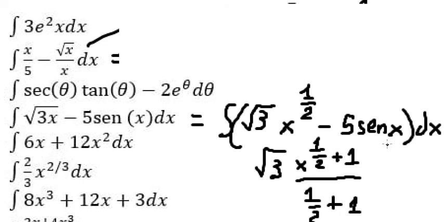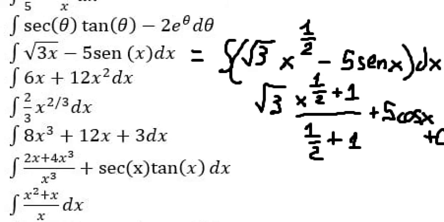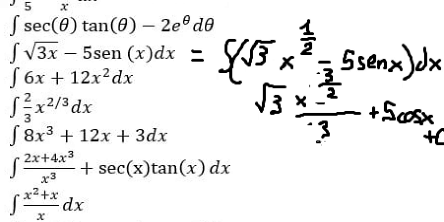The integration of sine s, you get negative cosine s. Negative with negative, you get positive. And we put c in here. This one you get 3 over 2. And this is the final answer.